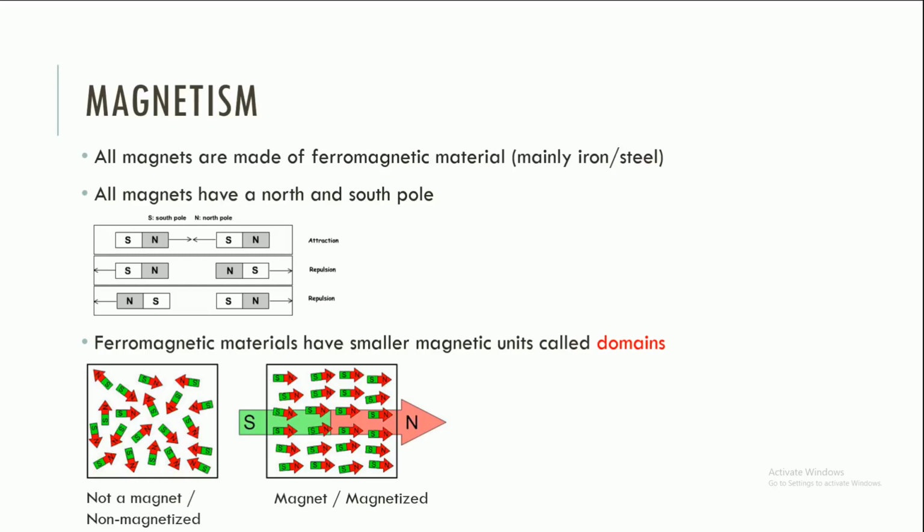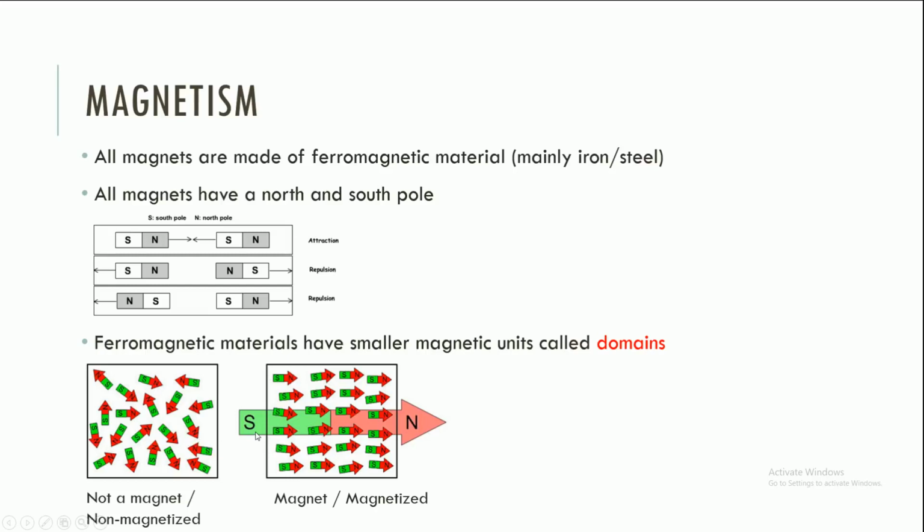And so ferromagnetic materials, which of course are what magnets are made of, are special because they have smaller magnetic units within them called domains. And these little magnets, or magnet units called domains, each have a north and south pole as well. That is sort of the easiest way to demonstrate this idea.